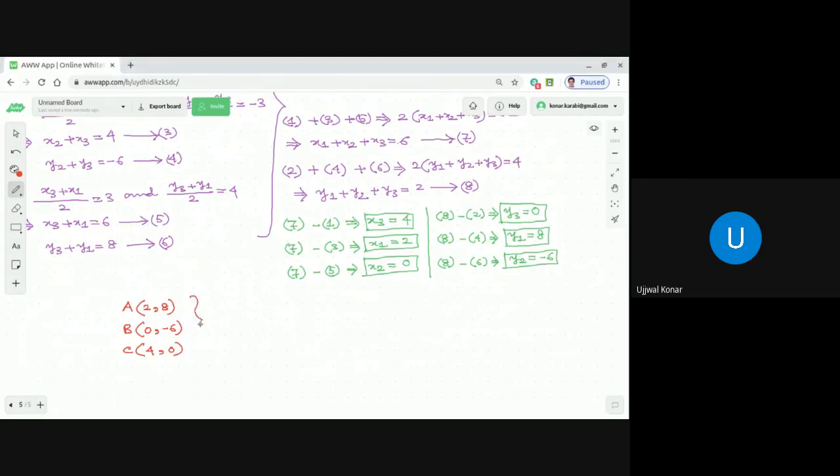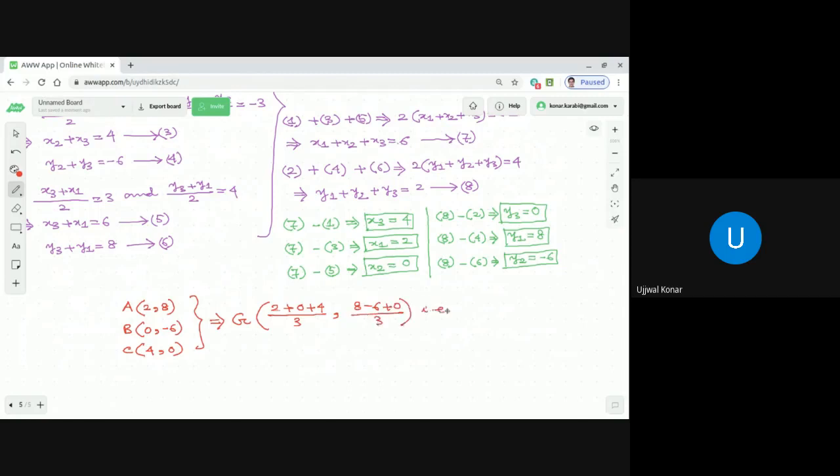And as we know this, it is not a big deal to find the coordinates of the centroid of this triangle, that is nothing but 2 plus 0 plus 4 divided by 3, the sum of the x coordinates by 3, comma, 8 minus 6 plus 0 divided by 3.